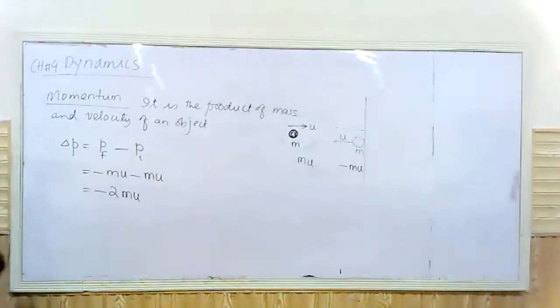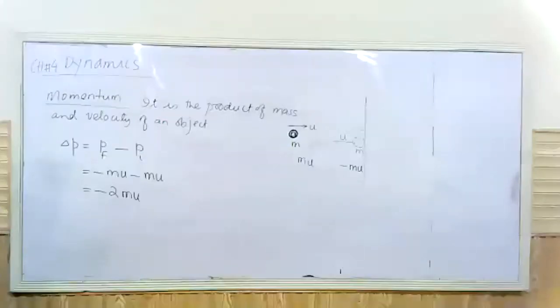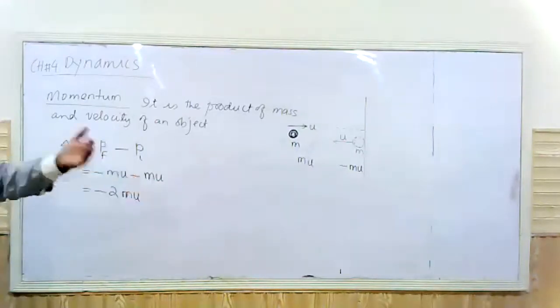And this is the last thing for today. We learned what is momentum. It is the product of mass and velocity. But since it's a vector quantity, we will be particular about its sign. If it's moving towards the right, conventionally it is taken positive. If it is moving to the left, it's taken negative.